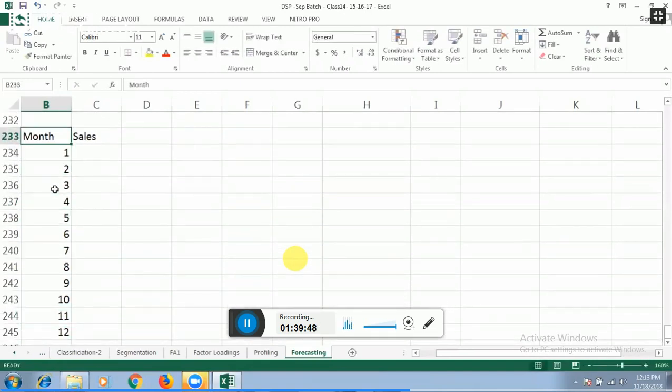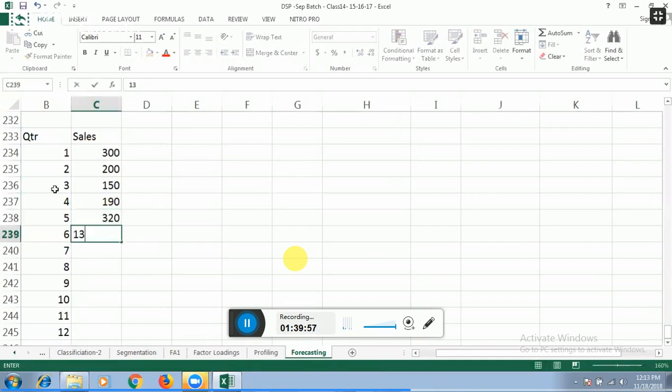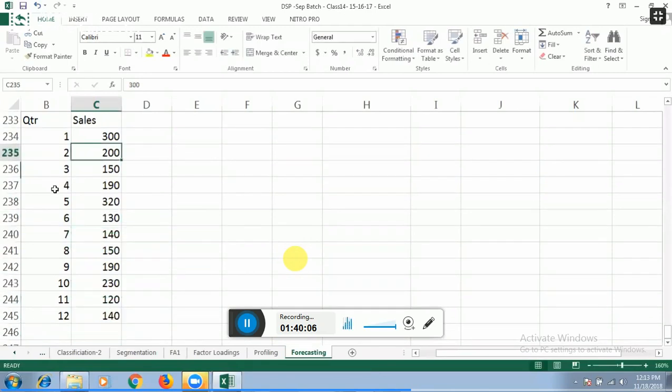Maybe consider it as quarterly data, with values like 300, 200. Okay, you have the data like this.